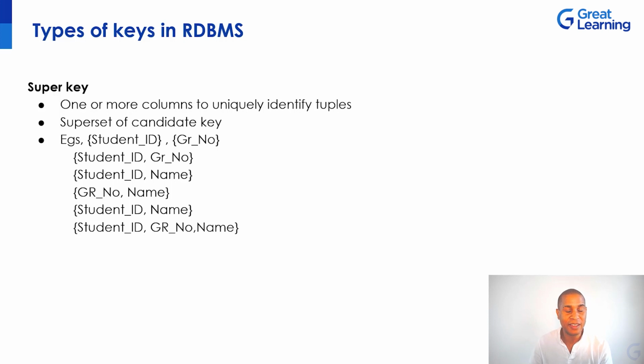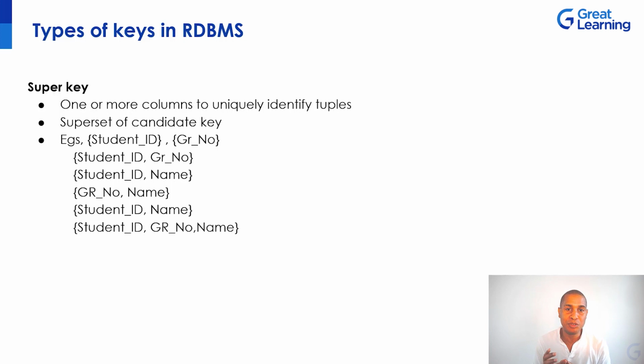So these columns by themselves, with the exception of maybe the student ID and the graduation ID, would not be unique. For example, name, we know that can be duplicated. However, if we combine 2 of those values together, they make what we call a super key, and it's a unique value.